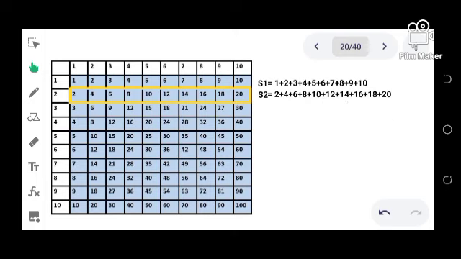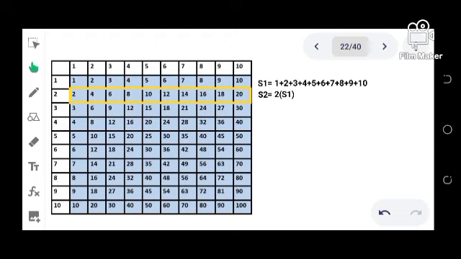So we factor out 2, that becomes 2 times (1 plus 2 plus 3, and so on until 10). But this is just the same as S1. So we replace this by S1, so this will become 2 times S1.